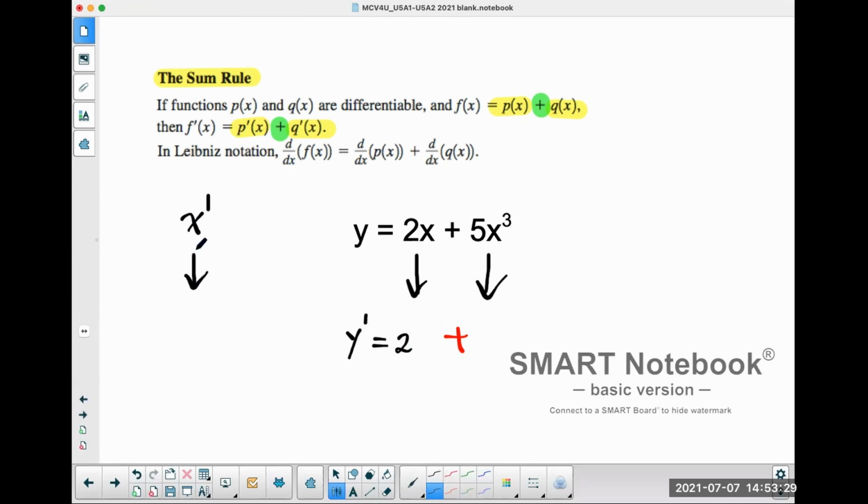Yep, because you bring down the power, x to the power of 1 minus 1. 1 minus 1 is 0. 1 times x to the power of 0, or anything raised to the power of 0 is 1. So anytime you have x, it's always 1. So I'm just going to write it down to show you that there's a 1.